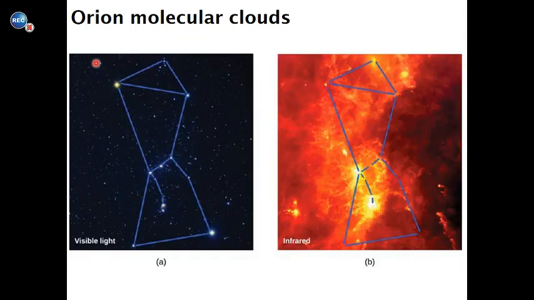So here's Orion again, belt and sword, and the image I was trying to show you is here at the bottom middle of the sword. In visible light, it looks like a star. In infrared light, it becomes clear this is a much larger body, and at the core of it is what we'd call the Orion Nebula.